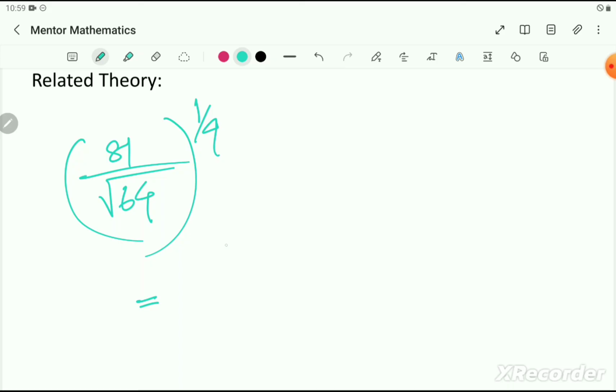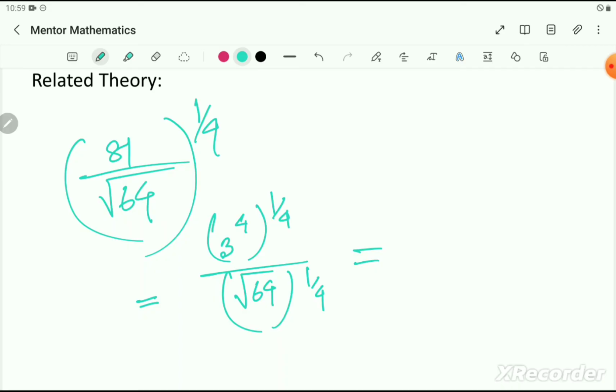So 3 to the power 4 is 81. Is that correct? Yes. And root over 64 we can write, let's write it this way, to the power 1 by 4.